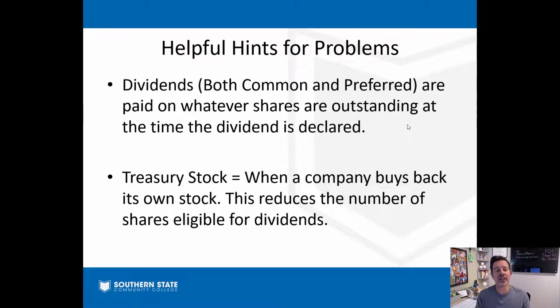Treasury stock is when a company buys back its own stock. That's going to reduce the number of shares eligible for dividends. So in my 1,500 example, let's say I bought back 750 and then declared a dividend. Well, that dividend's only going to be paid to the 750 shares that remain outstanding. Keep that in mind for your homework, and hopefully things will go smoothly.